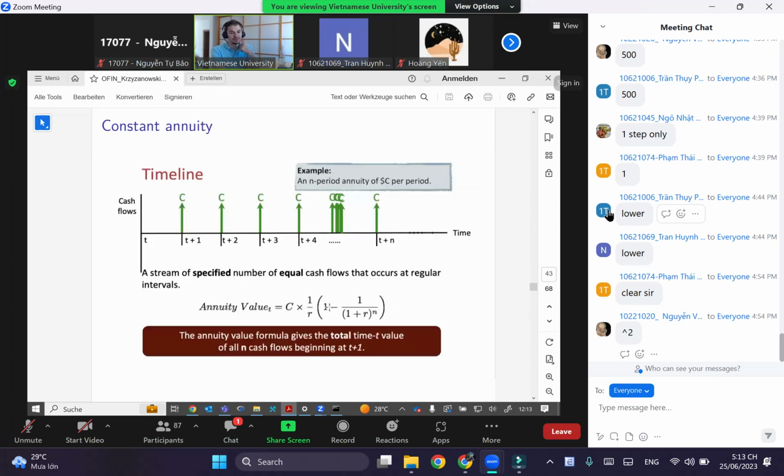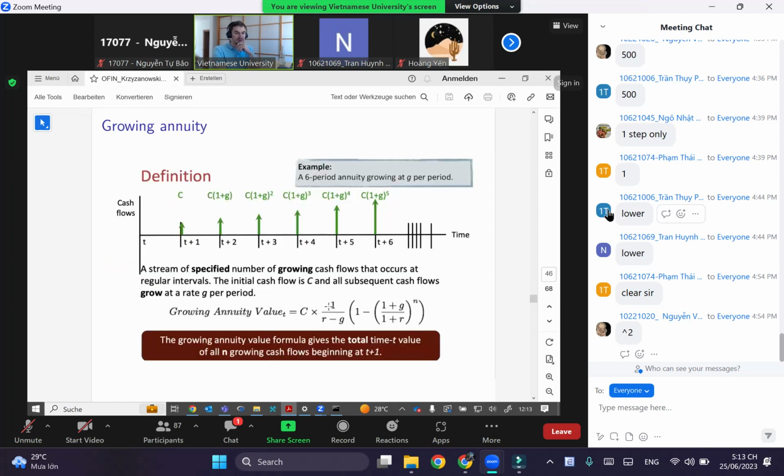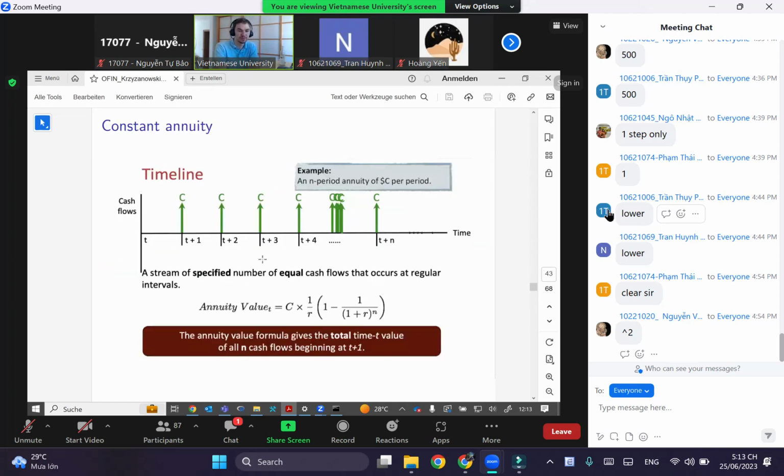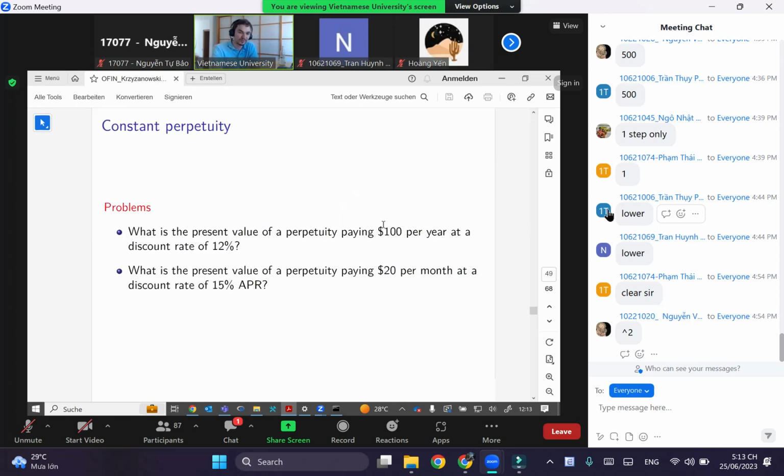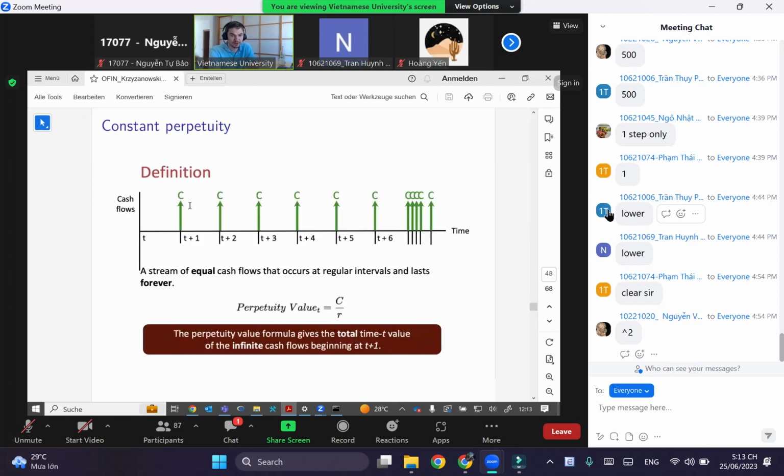By analogy to the constant annuity and the growing annuity, where the distinction was that the constant annuity had constant payments, but finitely, and the growing annuity had growing payments by the growing factor g, also in a finite horizon. Now, by analogy, we have a constant perpetuity, which has constant payments over an infinite time horizon.